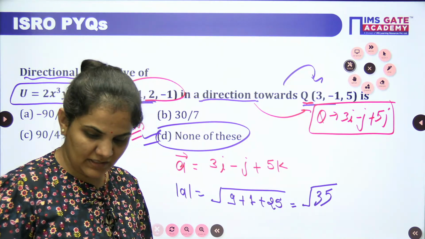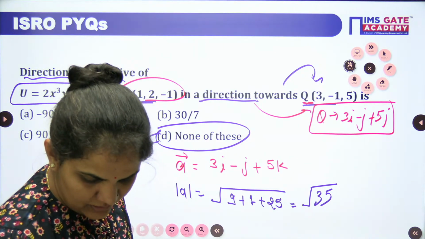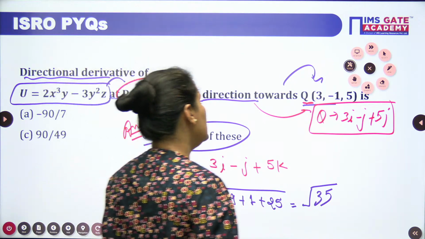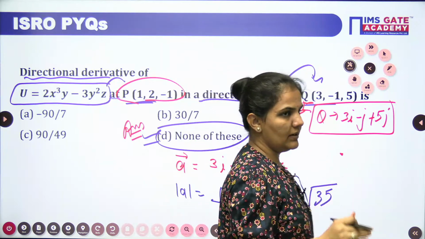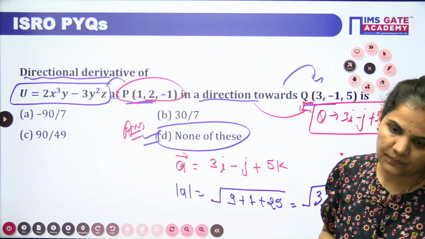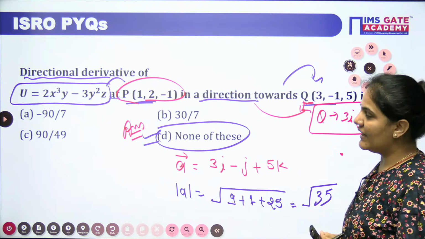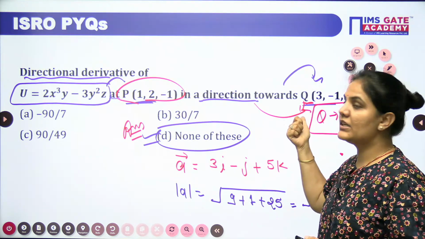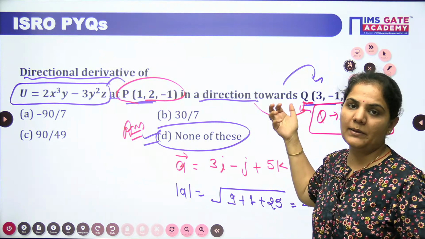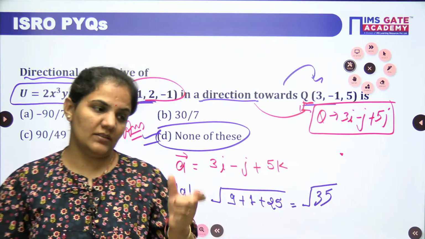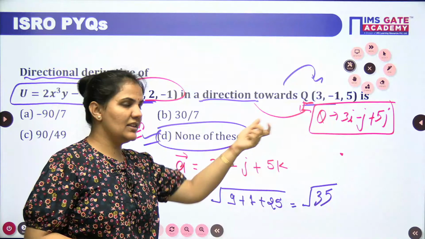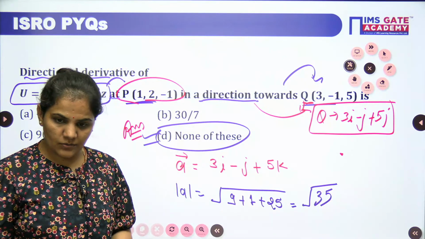When it is not mentioned, then it is from origin, because only one point is mentioned to you. So this point is going from origin to this point, because here it is clearly mentioned in the direction of only q. So when it is only q, the other point, when we need to find the equation of a line, will be nothing but the origin, 0 0.